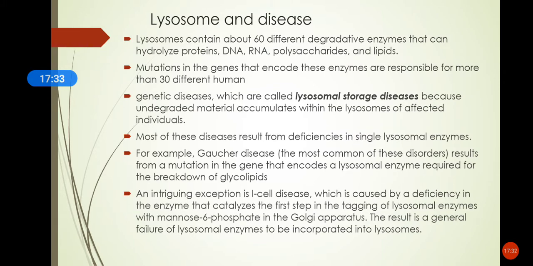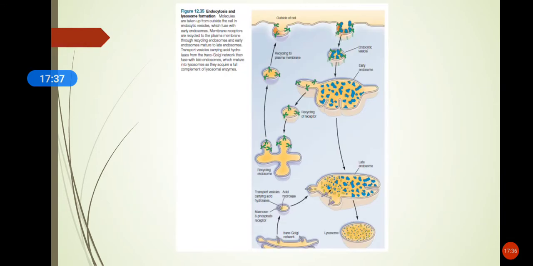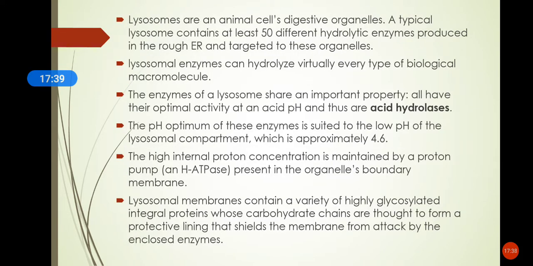So that is all about lysosomes. Lysosomes are the cell's degradative, digestive organelles, with a very low pH inside their membrane, and they have acid hydrolases that help in degrading almost all biological macromolecules.